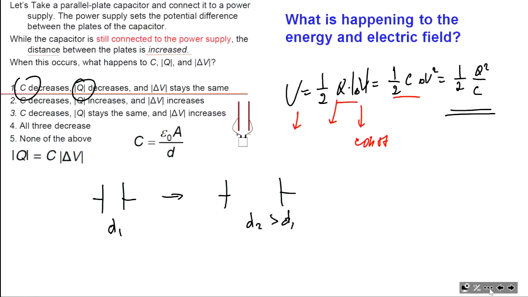And the voltage remains constant, which is very important. So we should search for the equation which relates that voltage, electric field, because that's what we're looking for. And what else? Well, distance.